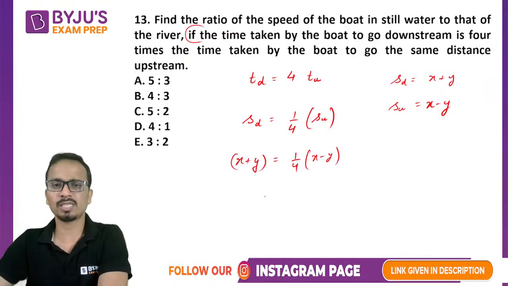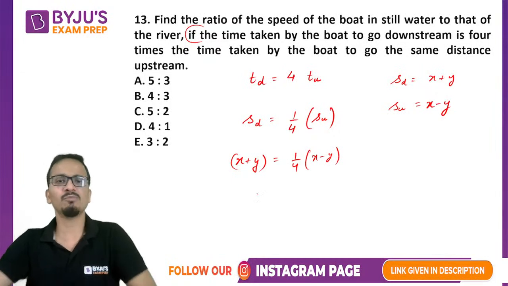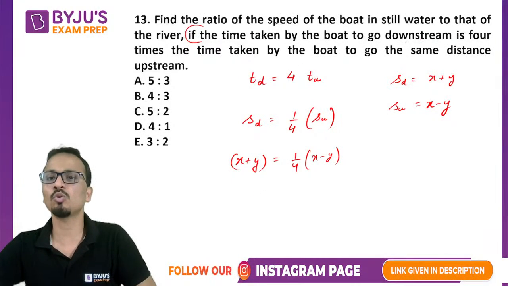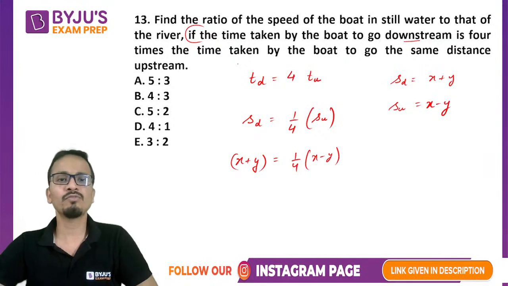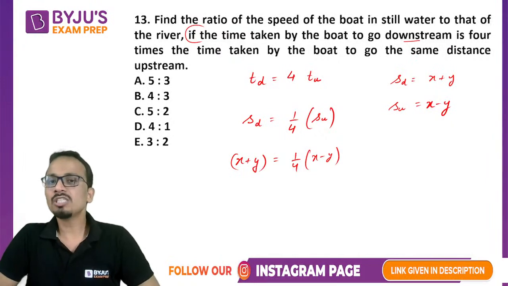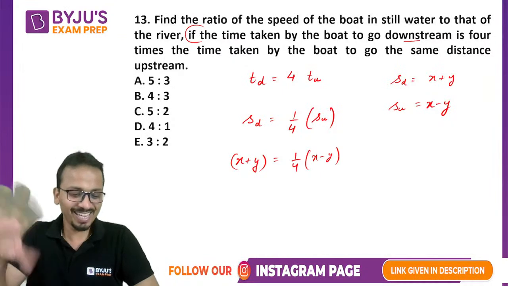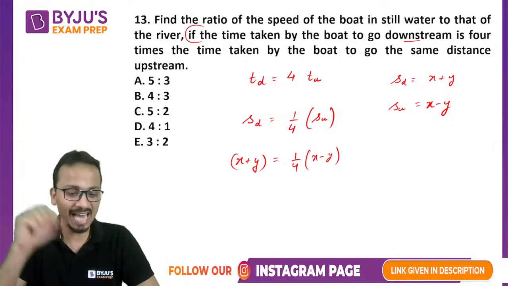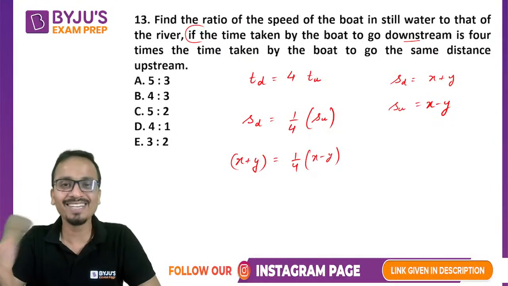ये कैसे हो सकता है? ये तो कुछ गड़बड़ लग रहा है मुझे इक्वेशन में. If the time taken by the boat to go downstream is 4 times the time taken by the boat to go the same distance upstream. Now downstream में टाइम कम लगेगा, upstream में टाइम ज्यादा लगेगा. Guys, so there is a problem in this question. Has anyone determined the problem?